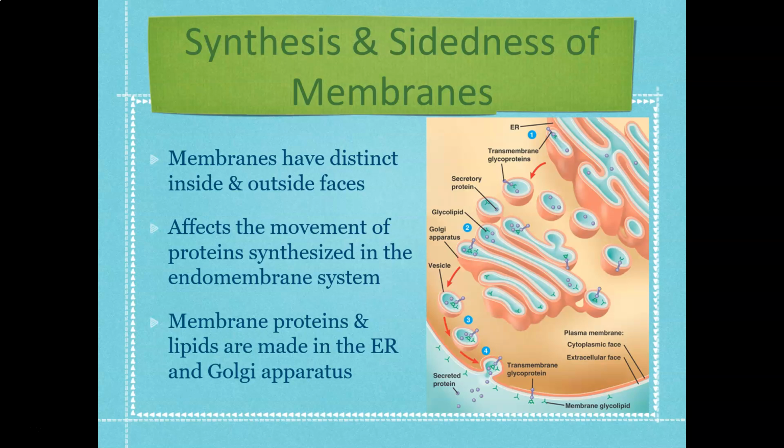So when we're moving things throughout that membrane system, the proteins that are synthesized in that endomembrane system need to be produced and put into those membranes in the right orientation, especially if they're going to end up being part of those membranes that end up as part of our cell membrane.